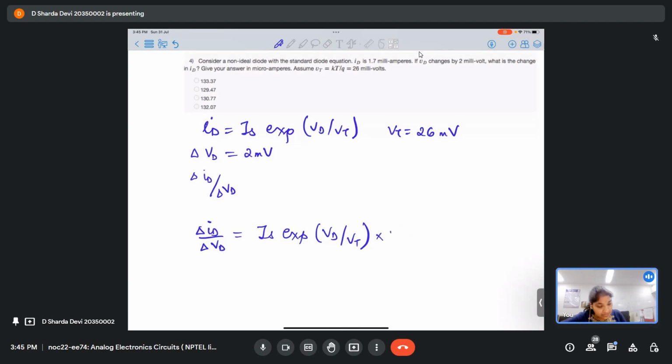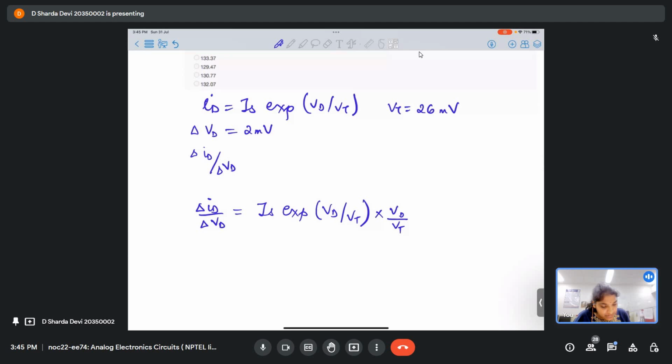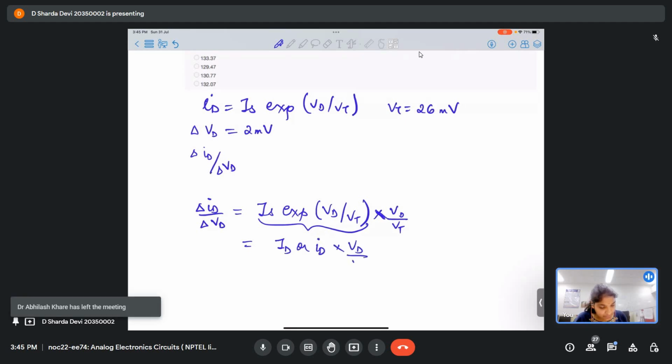Yes, Vd by Vt. So this is the expression that we are getting after differentiating. This expression is as it is, ID into Vd by Vt.